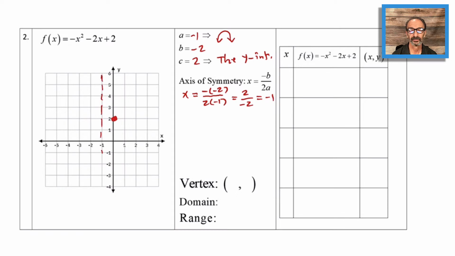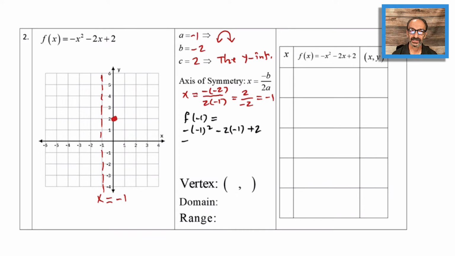That is my axis of symmetry, x equals negative 1. It's a vertical line. Now to find the vertex, we need to see where the graph is going to cross this line, what location on the y value. So we take the negative 1, plug it in, which is negative 1 to the second, minus 2 times negative 1 plus 2.